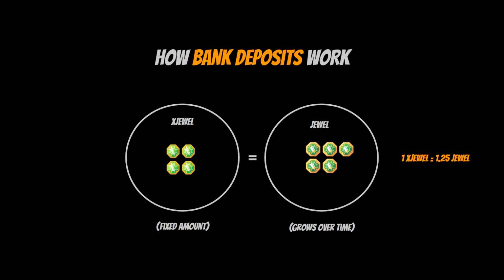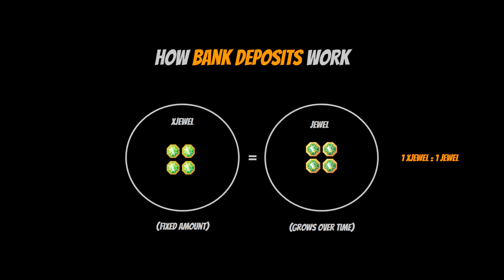Let's go back to the start when we have 4 of each. Once again, we have 4 joules in the joule pool and 4 X joules in the X joule pool. Let's say you deposit 1 of your joules and you get 1 X joule in return. Right now in these two pools, 1 of these X joules belongs to you.